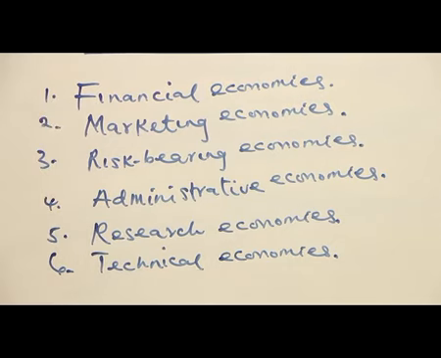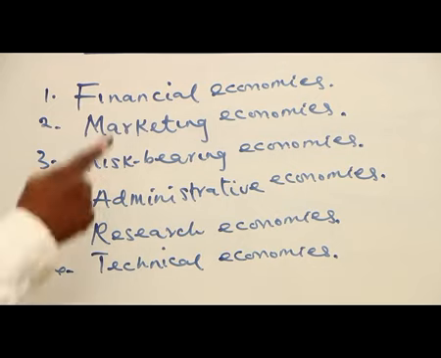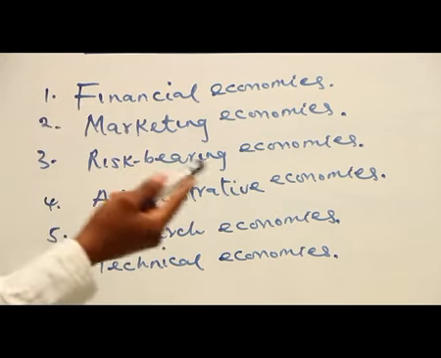But a situation where a firm finds it difficult to have access to funds or to get a loan at an affordable rate, that is, a lower interest rate. If a firm is having a problem in that, then the firm is having what we call financial diseconomy.